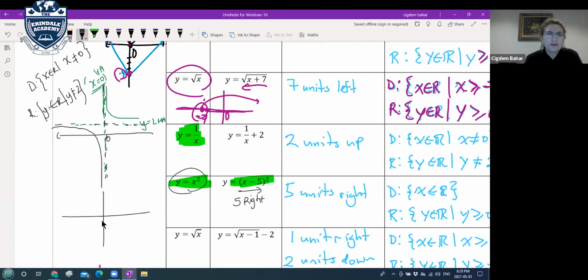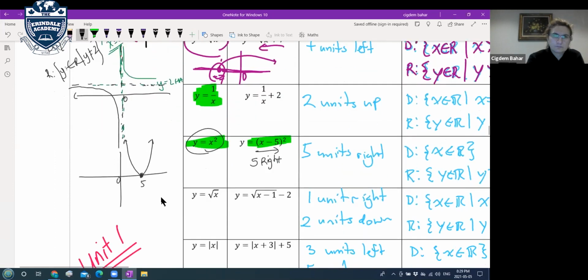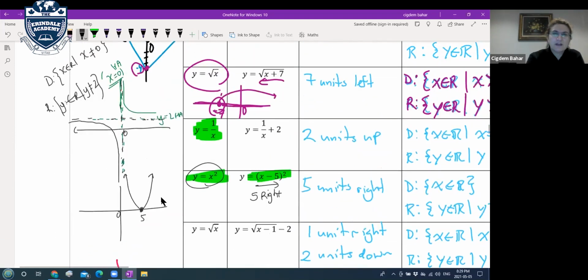Shift 5 right. It will be starting from 5 and going up. Give me domain and range for this function.